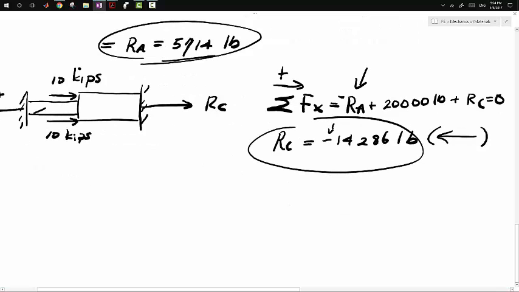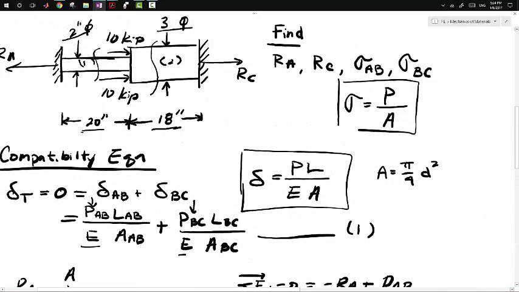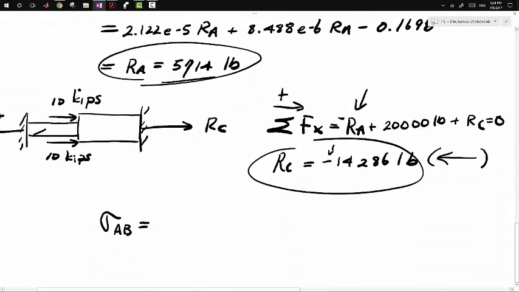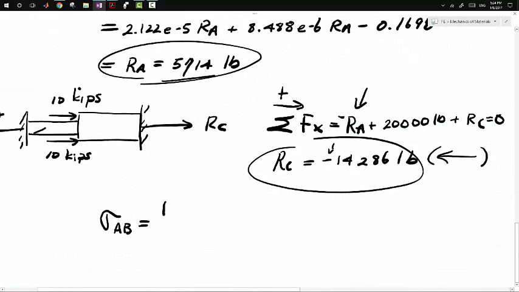Now we have to find the normal stress in member AB, which again, if we look at the equation, is the force divided by area. So PAB divided by A, the cross-sectional area AB.